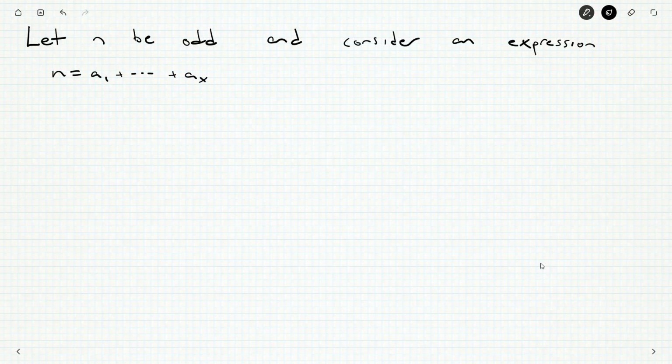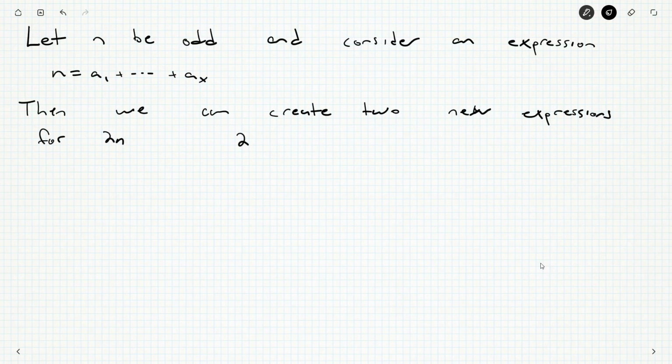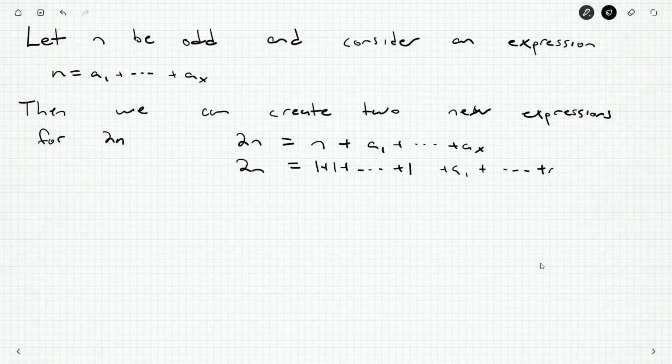Then we can create two new expressions for 2n, i.e. 2n is equal to n plus a1 plus up to ax, and 2n is equal to all these 1s plus a1 all the way up to ax.